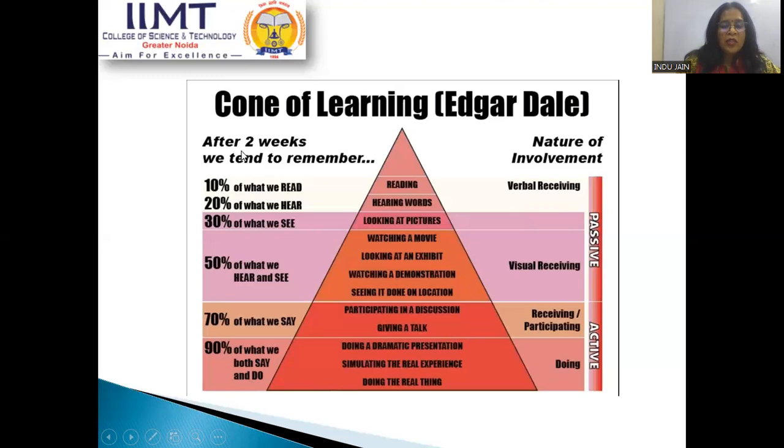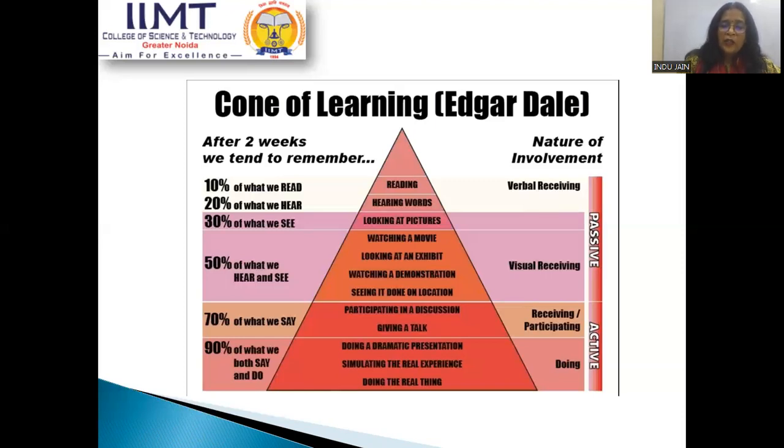You can also see the memory power of the students or the retention power of the learners. Different retention power is gained by different activities.